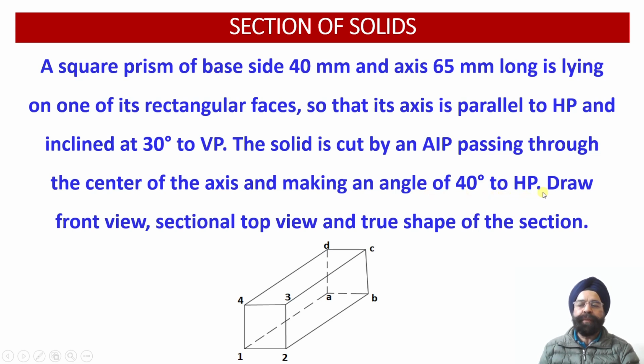So with this information, we are required to draw the front view projections, the sectional top view projections and the true shape of the cut section of this inclined square prism over here.